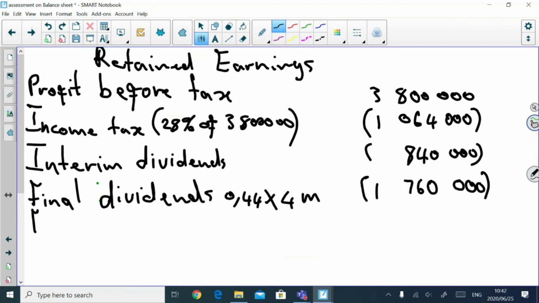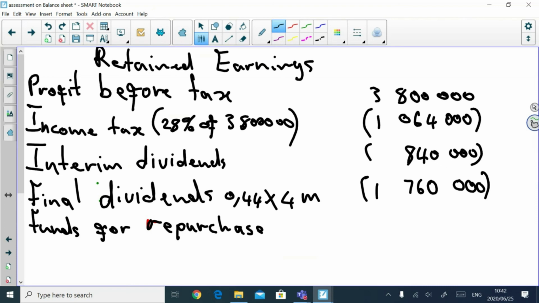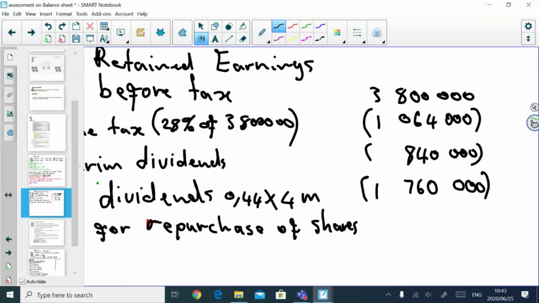Funds for the repurchase of shares. Remember, we did calculate them. These were the funds. It's the additional one.